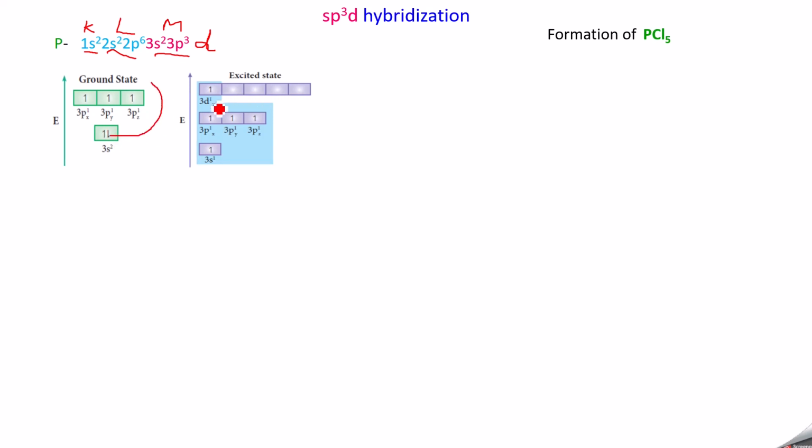So you have 1 s, 3 p and 1 d orbitals, all having 1 electron. Now this s, these 3 p and 1 d orbital undergo hybridization to form a total of 5 hybrid orbitals. They are called sp3d hybrid orbitals. Each one will have 1 electron.